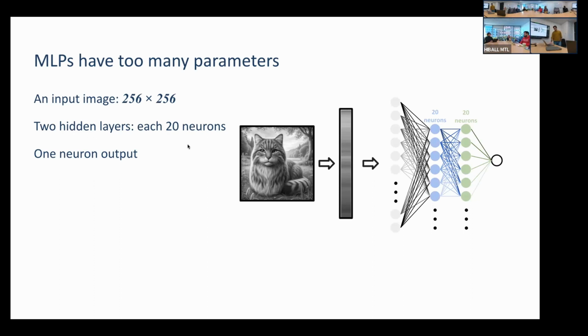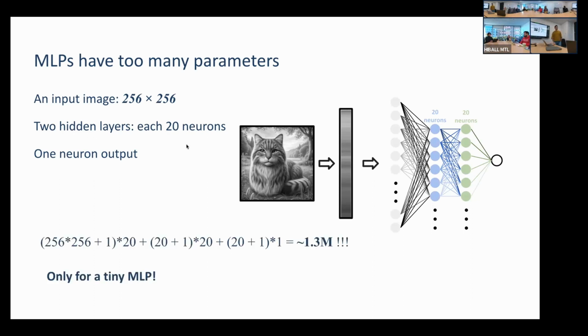If you do a back of the envelope calculation, this very basic network has about 1.3 million parameters. The input image is not even large, the network only has two layers, and each layer only has 20 neurons. This is almost nothing compared to what we have today in our deep neural networks.